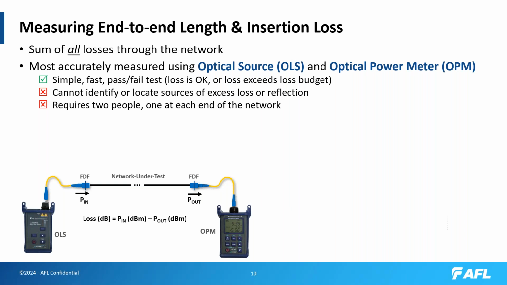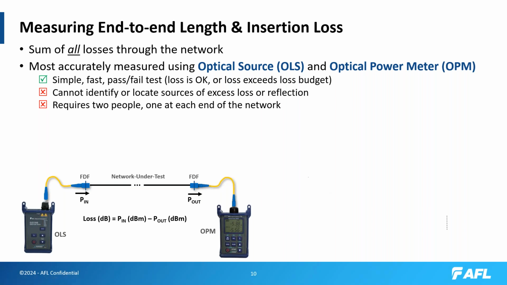Additionally, a loss test using a light source and a power meter is typically a two-ended test requiring two people, one at each end of the network, one equipped with the light source, one equipped with the power meter.